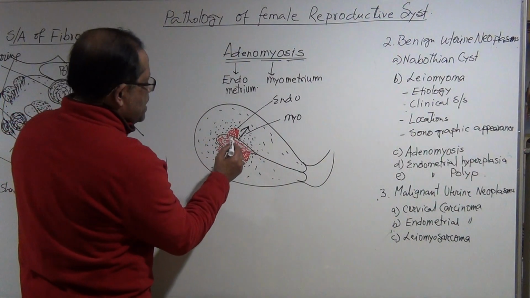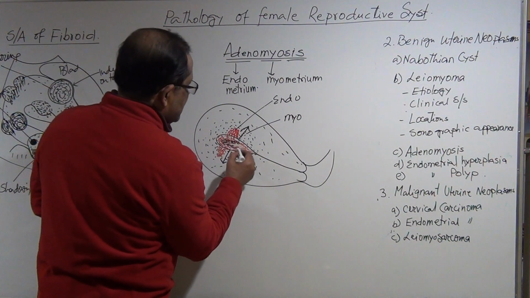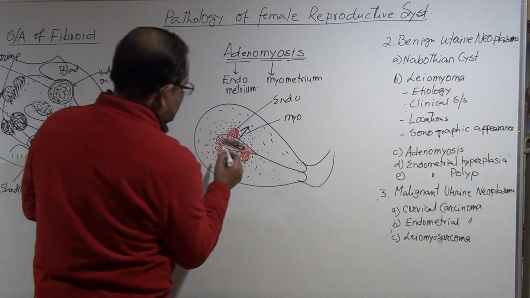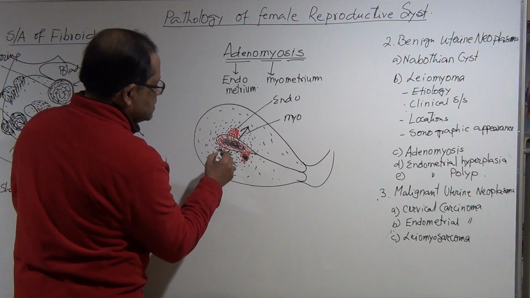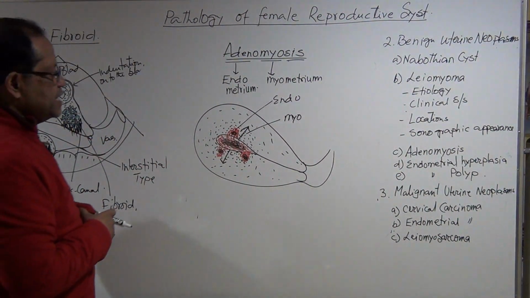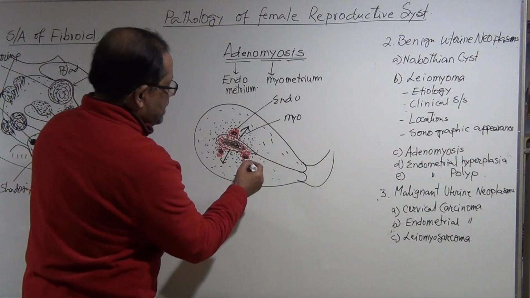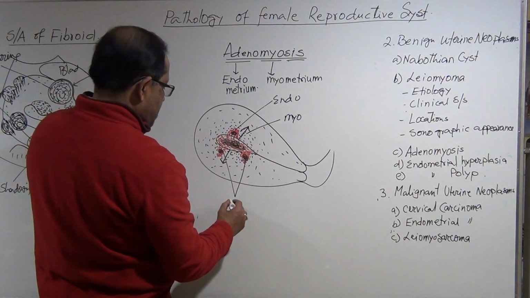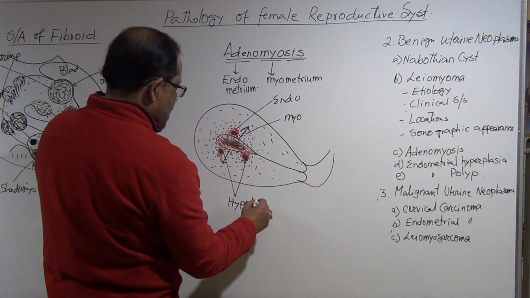Here there is a bleeding and there will be also bleeding inside this. So as a result, what are you going to see? You will see the partly hyperechoic, and inside the hyperechoic there is hypo or anechoic area.